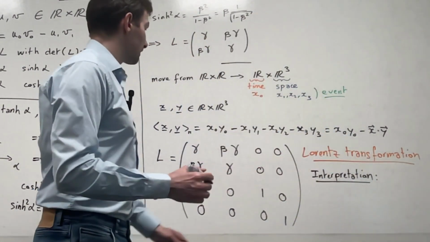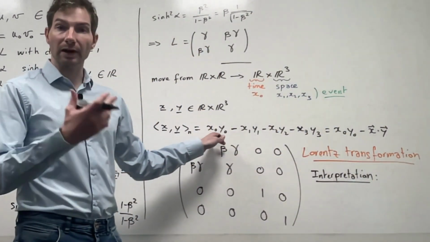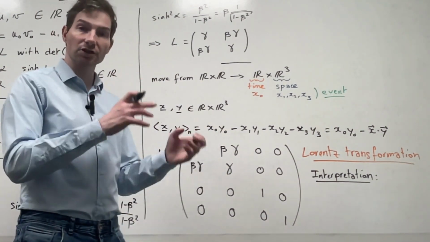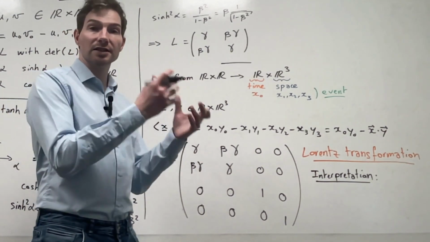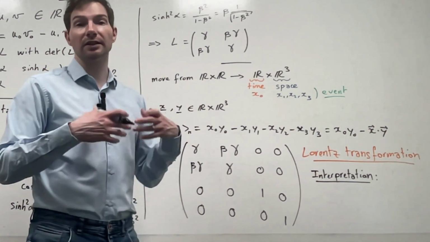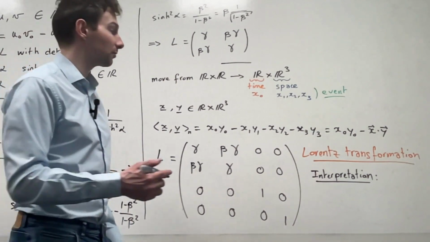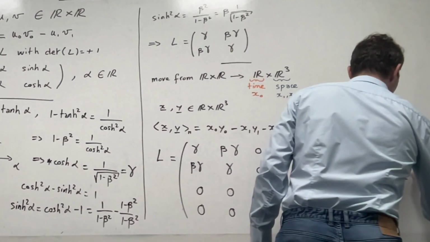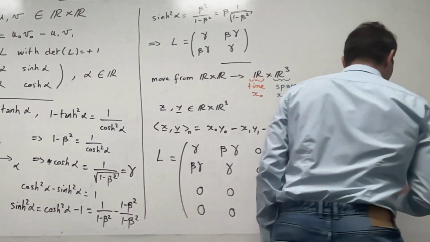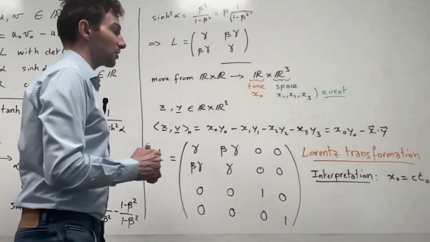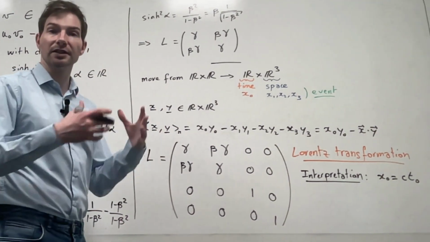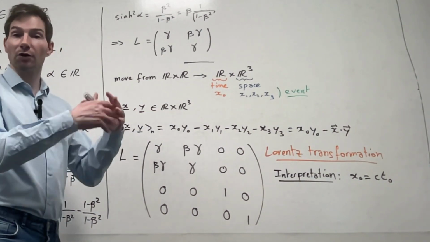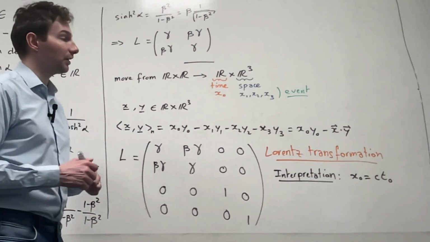The first one is that the x naught component of any of these vectors is interpreted as being c, some constant speed that we interpret as the speed of light in vacuum. So x naught is going to be equal to c times t naught. That's more traditionally how this is represented, and t naught would be the time interval we measure between an origin event and then the event we're looking at.